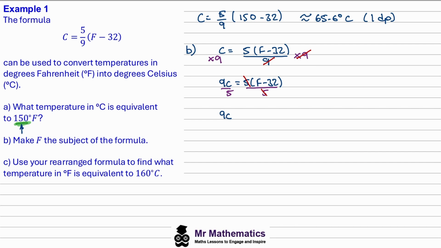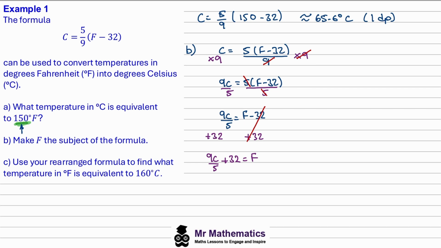So we've got 9C over 5 will equal F minus 32. Now finally, we can move this negative 32 over to the other side by adding it to both. The negative 32 plus the 32 will make 0, then these will cancel. So we'll get 9C over 5 plus 32 will make F the subject.